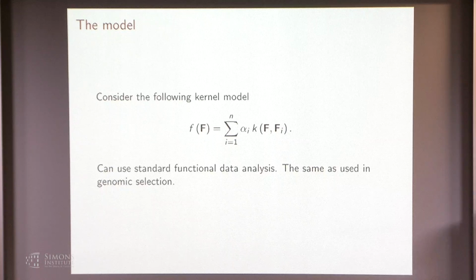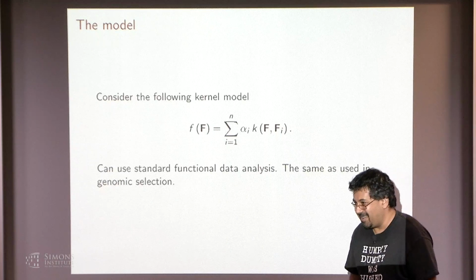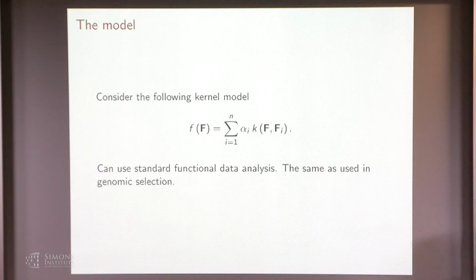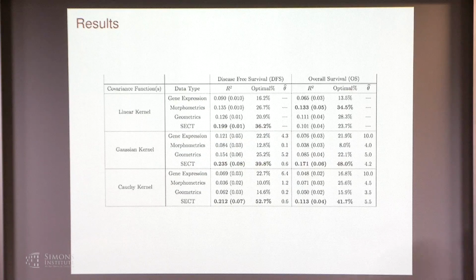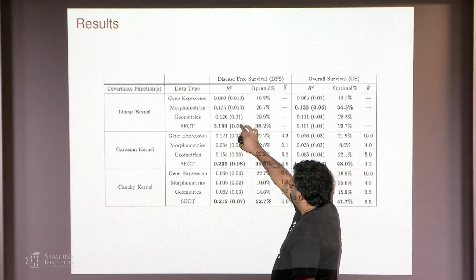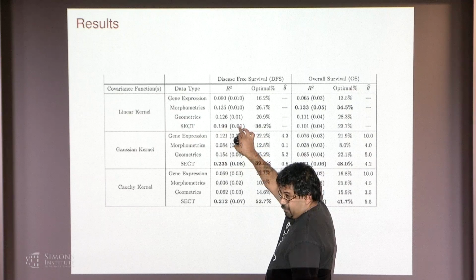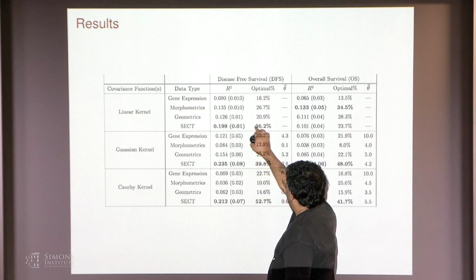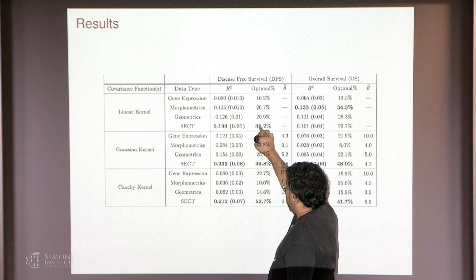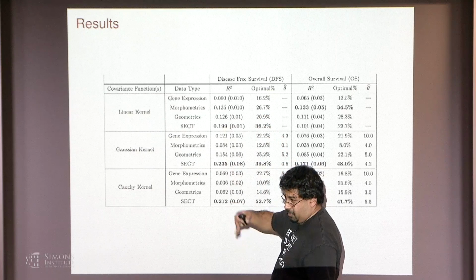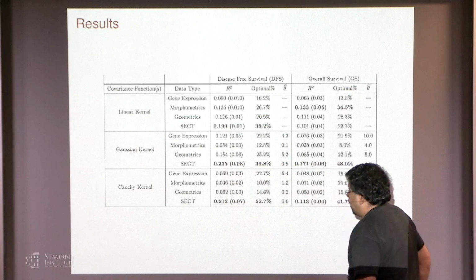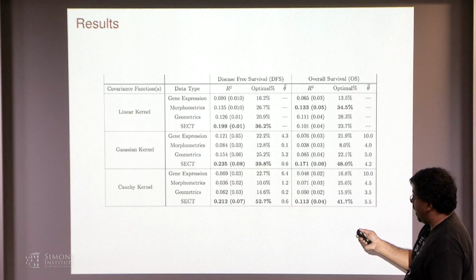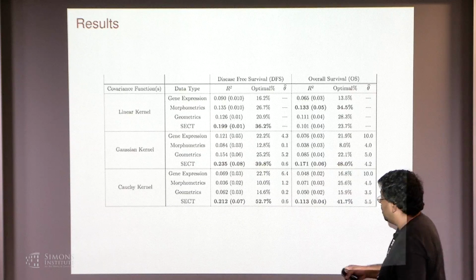So volume should dominate, right? I'm sorry? Volume should take over. Let's find out. Yeah. So this is what you get. So this is R squared, which is percent explained. And optimal just means how many times was one of these features optimal when we ran them all, right? And what you find is gene expression is not that great because it's too variable.